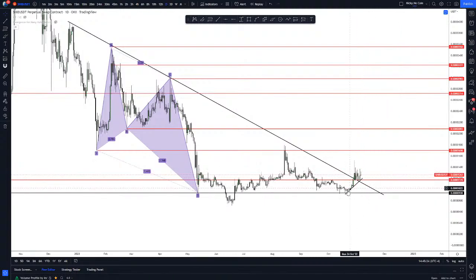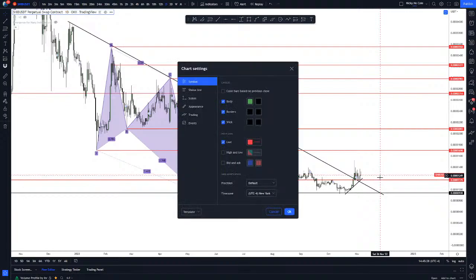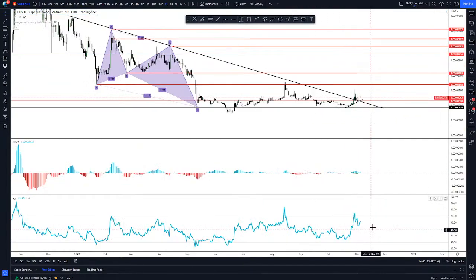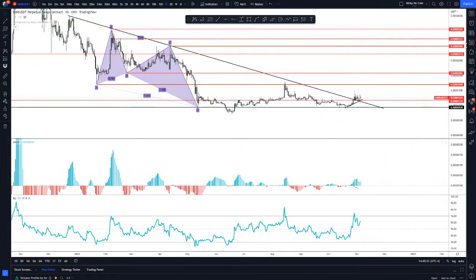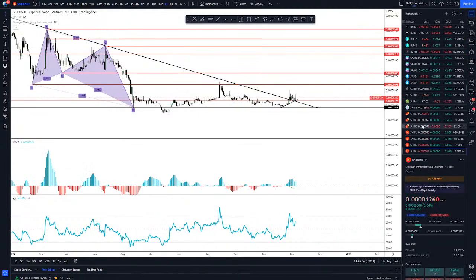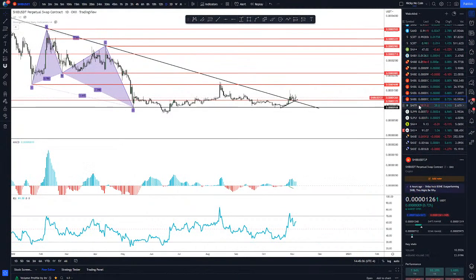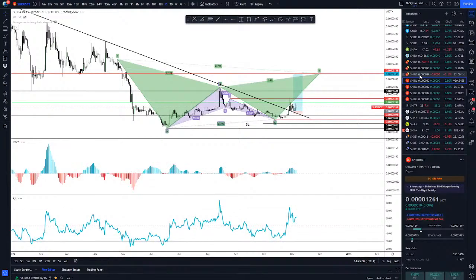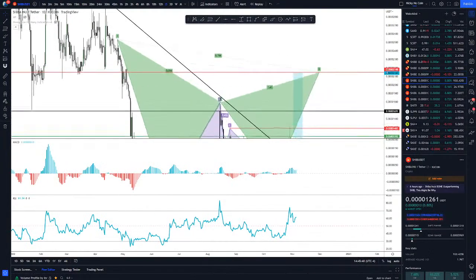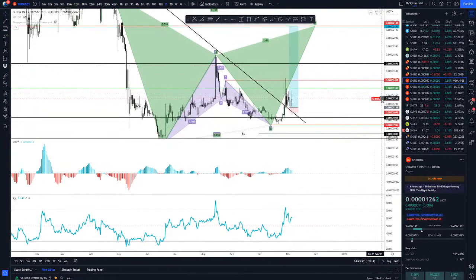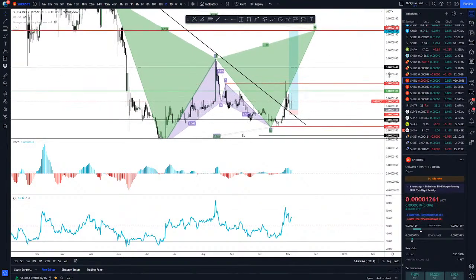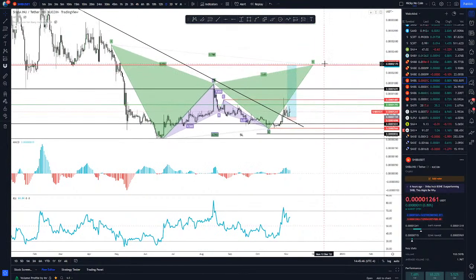All right. So yeah, I mean, I think it looks great. It really does. And then what makes me so bullish on this too is you have your Bitcoin pair. Yes, this is where I'm in at. And I'm expecting a push up to here at least.